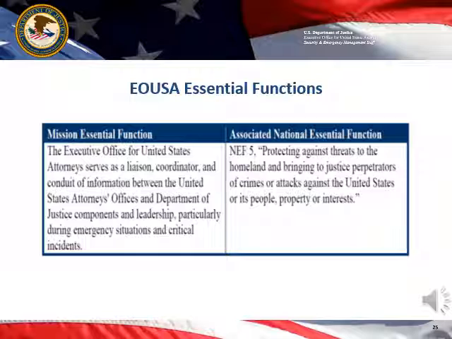This mission essential function supports the Department of Justice's primary mission essential function number 5, conduct federal law enforcement activities and coordinate federal law enforcement response as needed in national and international emergencies, mirrors EOUSA's primary mission, and supports the continued performance of USAO mission essential functions.